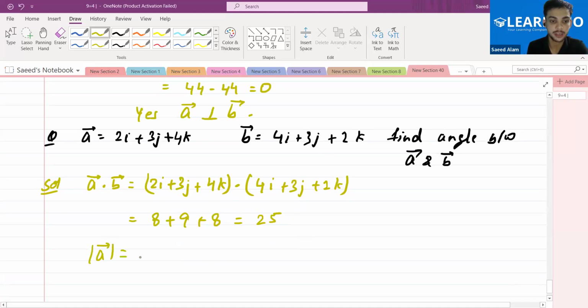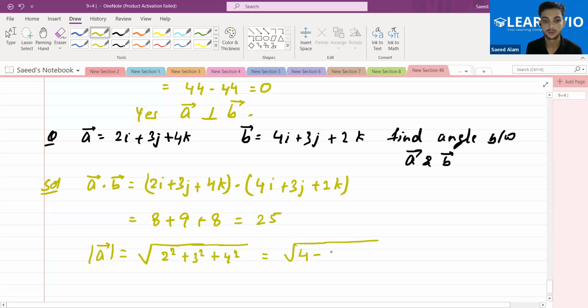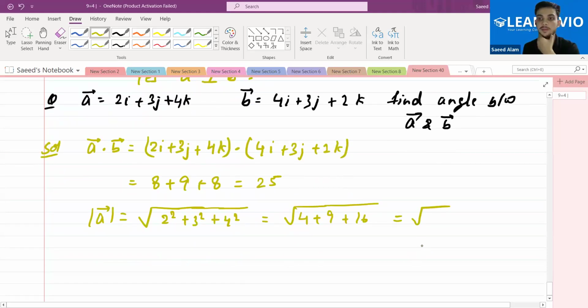Now find out the magnitude of A, what it is. It will be 2 square plus 3 square plus 4 square. What will we get here? Under root of 4 plus 9 plus 16. How much is it? 29.